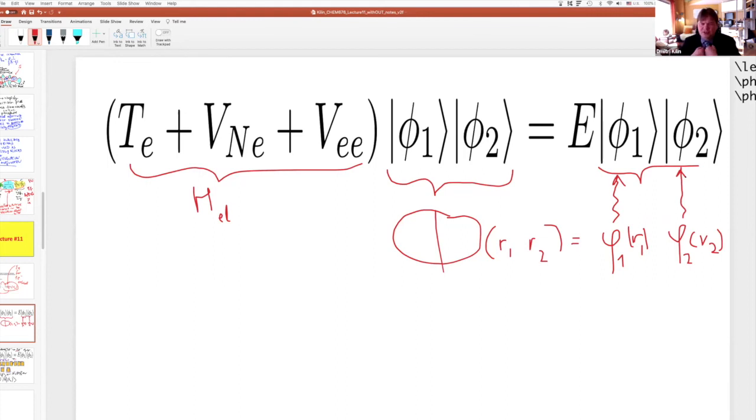But since personally I am lazy and I want to avoid writing the symbol of integral, I will use this angular bracket Dirac notation, because the integral dR1 phi 1 star R1, something here, phi 1 R1, is quite a long expression, and one can simply replace it by the notation phi 1, phi 1. So the Dirac notation is just used as a shorthand.